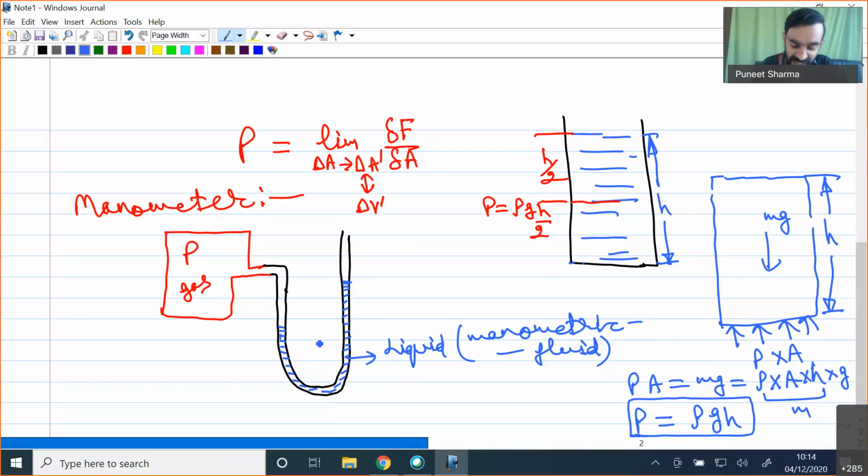Over here we will see a very simple manometric arrangement, a single U-tube type arrangement. One end of this tube is connected to the container of the gas where I want to measure the pressure, and the other end is open to atmosphere.